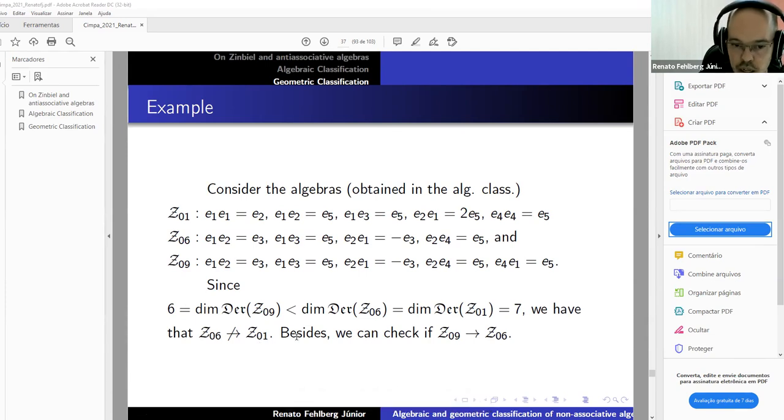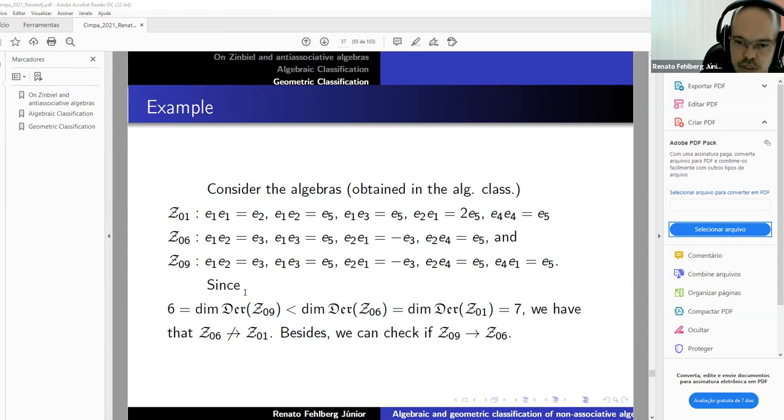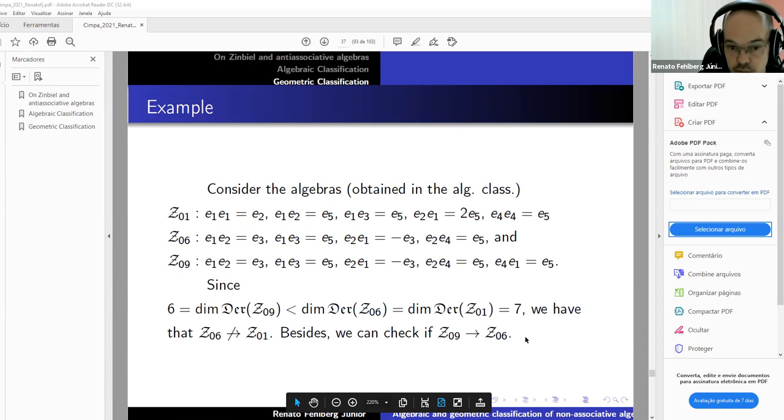Since Z9 and Z6 satisfy this relation of the dimension of derivations, it's possible to check if Z9 degenerates to Z6.